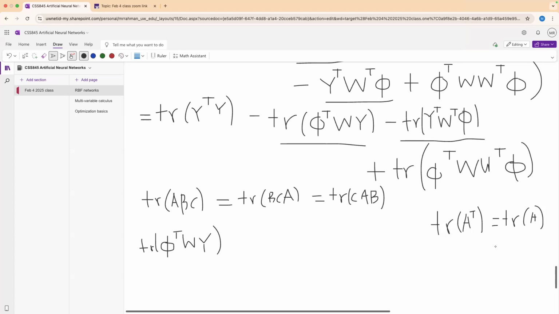Because when you transpose, the diagonal is the same. Exactly, the diagonal is preserved. That's why this is true.